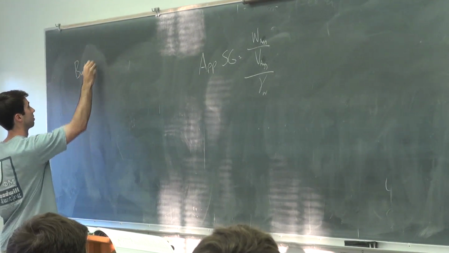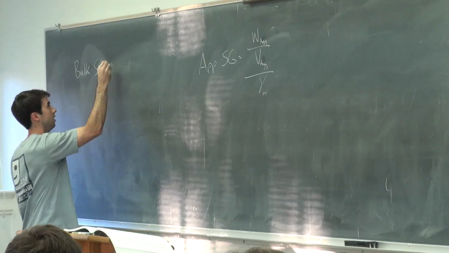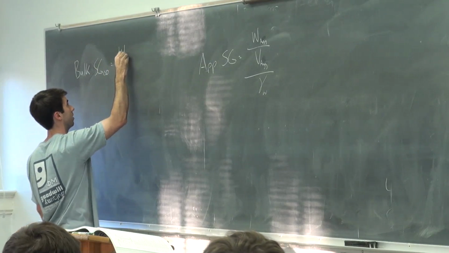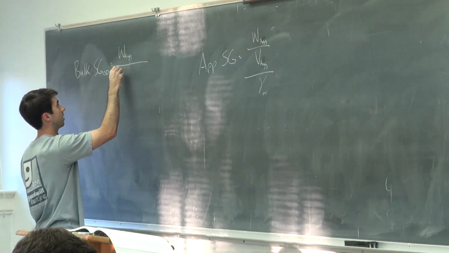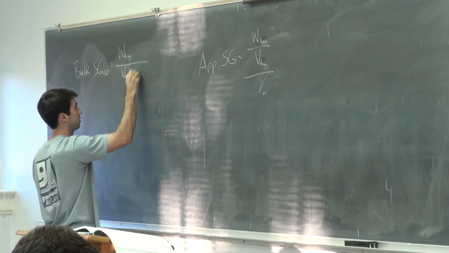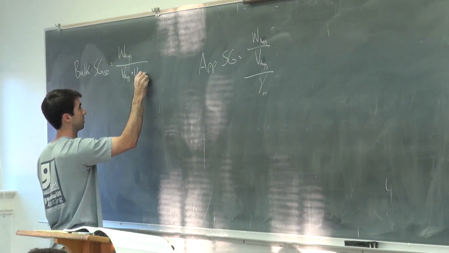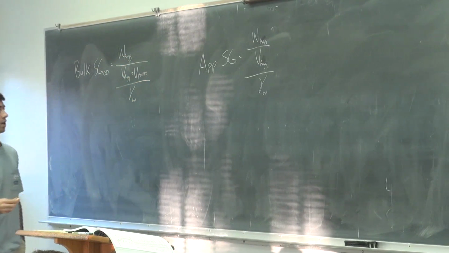So you've got bulk specific gravity. We'll say oven dry. You've got the weight of the aggregate and nothing else because there's nothing else in it. But now you're looking at the volume of the aggregate plus the volume of the pores, again divided by the unit weight of water, and you've got that.